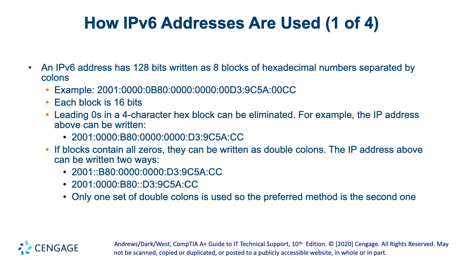As you can see, you can take the example address and squeeze it in certain different ways, and the one with the set of double colons is the preferred method. So that last one is the preferred method.